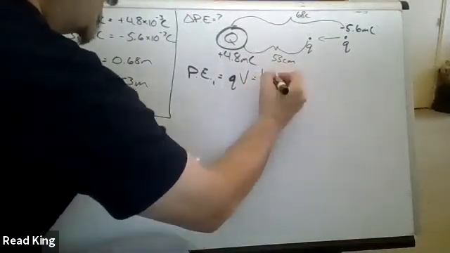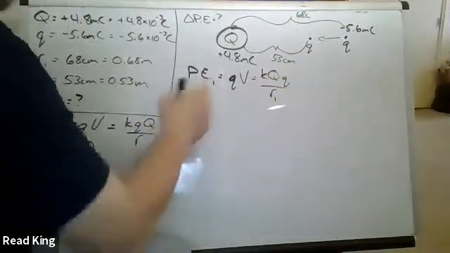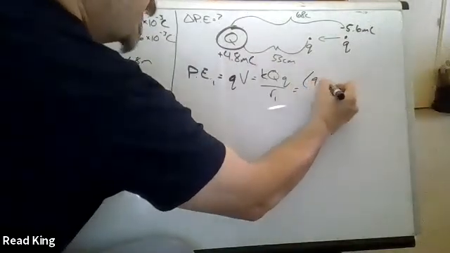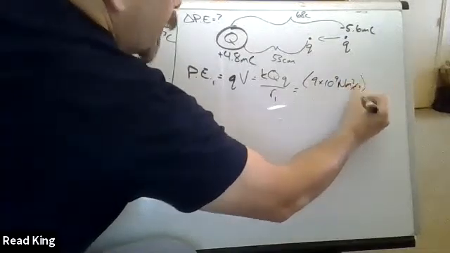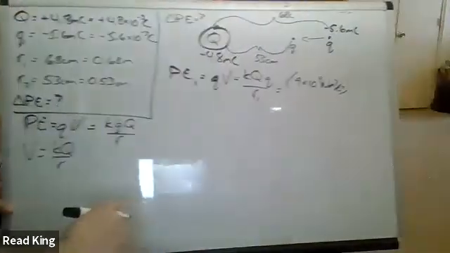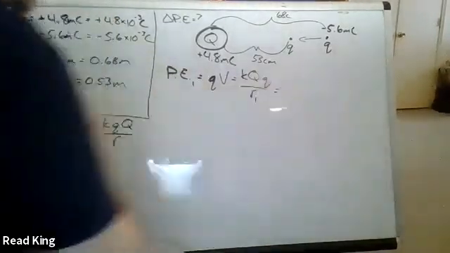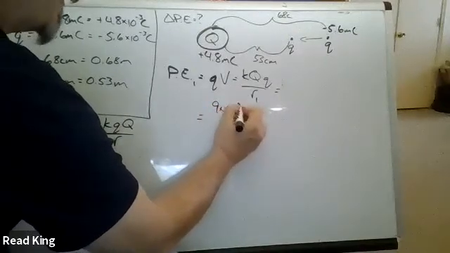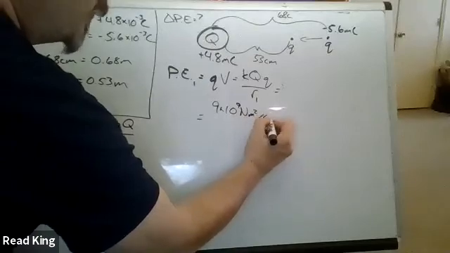So this is rewriting it: K big Q little q over R1, because it's PE1, all the rest is the same. That's going to give us 9 times 10 to the 9th newton meter squared per coulomb squared.